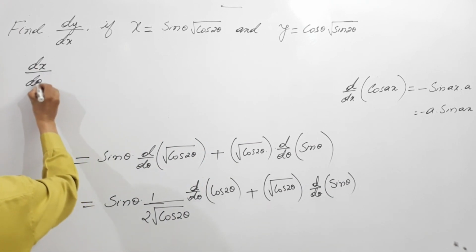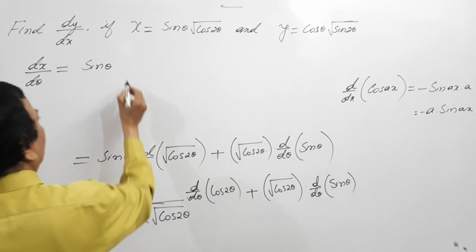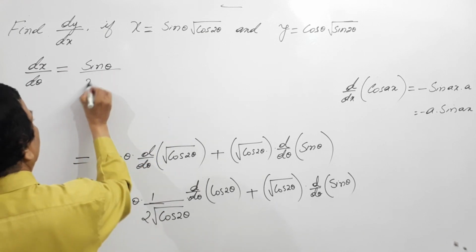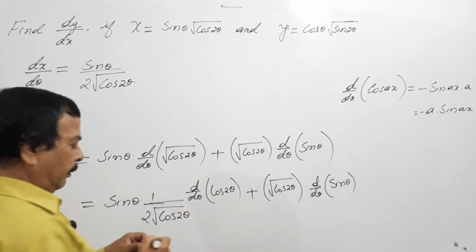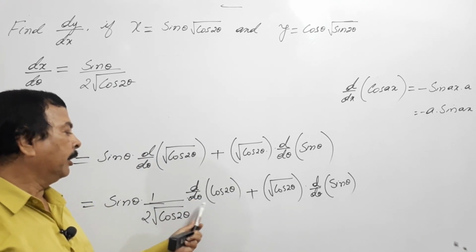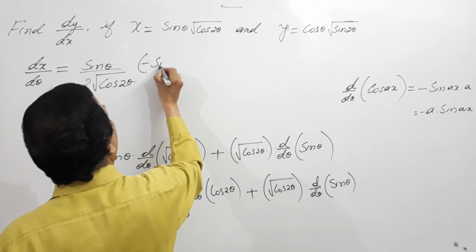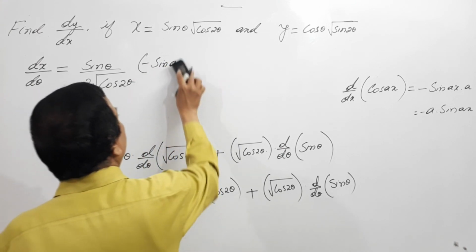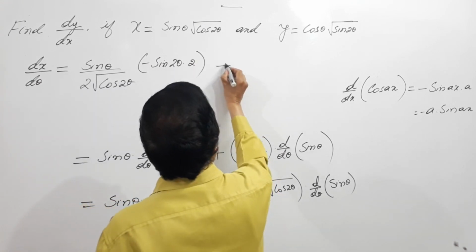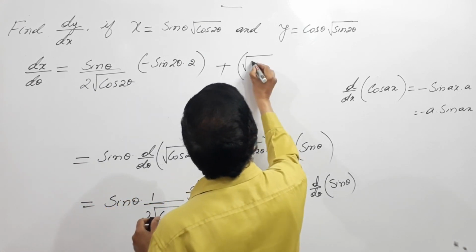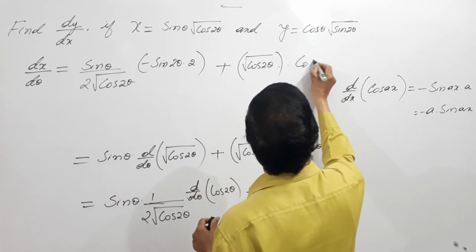dx by d theta equals, so this is sin theta, half, below this I will write 2 into root cos 2 theta, d by d theta of cos 2 theta is minus sin 2 theta into 2, plus under the root cos 2 theta, d by d theta of sin theta is cos theta.